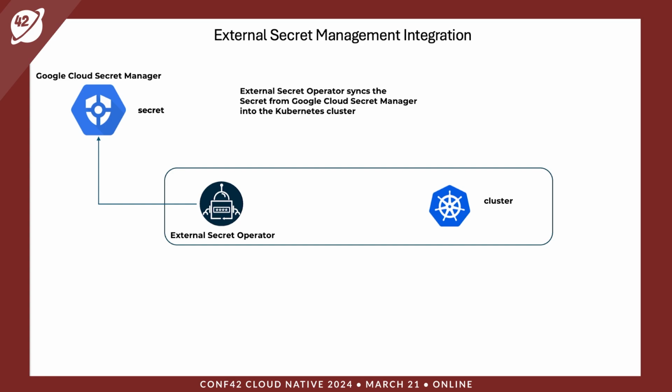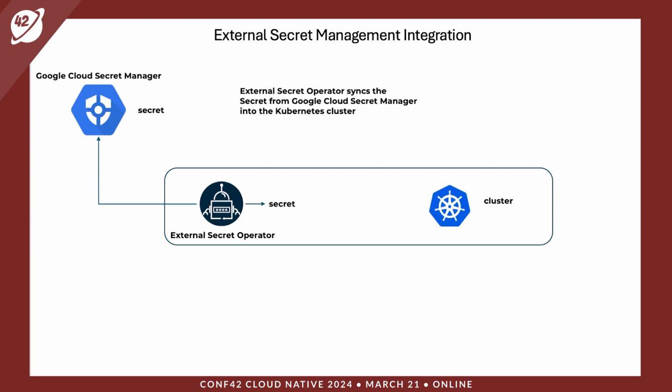In this example, we have a cluster, and the External Secrets Operator is running within this cluster. And we do have a Google Cloud Secret Manager. And the External Secrets Operator has been provided with the credentials and information to access the Google Secret Manager. The External Secrets Operator detects that there is a secret in the Google Cloud Secret Manager and syncs it into the Kubernetes cluster.